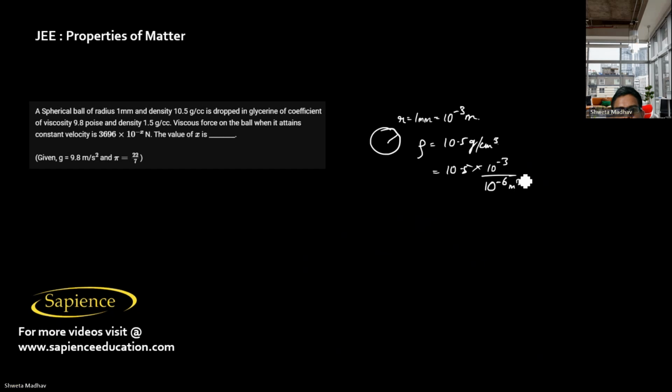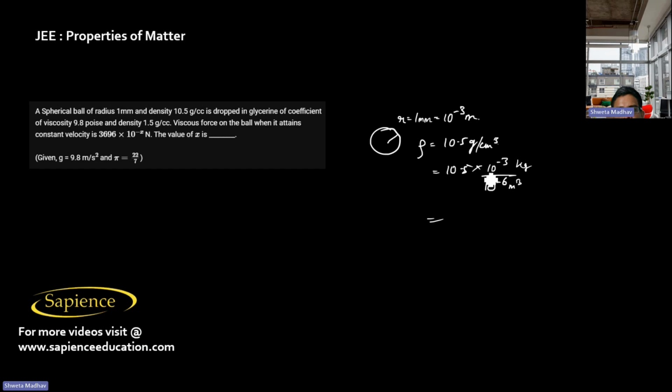And here it is told a spherical ball is there, it is having radius 1 millimeter, which is 10 power minus 3 meter, and density rho, that is 10.5 gram per centimeter cube. 10.5 gram per centimeter cube means 10.5 into 1 gram means 10 power minus 3 kg, and 1 centimeter cube means 10 power minus 6 meter cube.